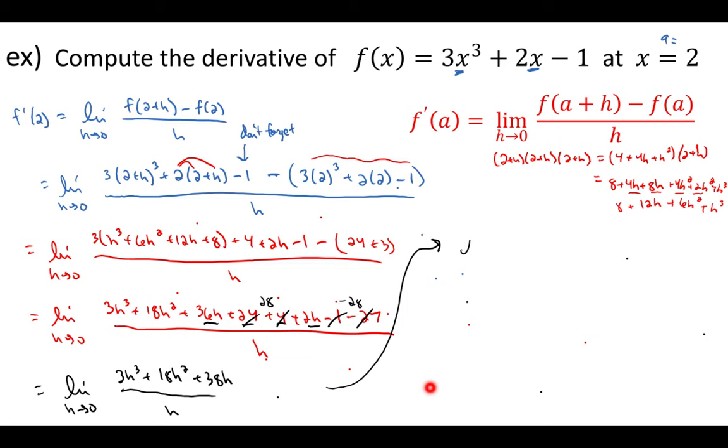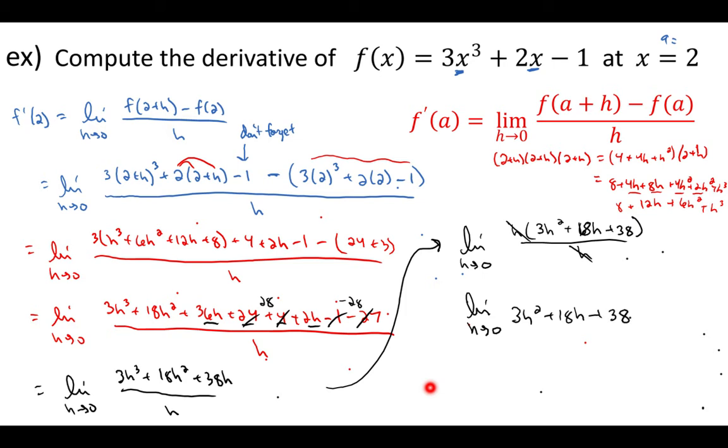Up here. So we've got the limit as h goes to 0 of, we're just going to again pull out an h. 3h squared plus 18h plus 38 all over h. The h's then cancel. Boom, boom. We're left with the limit as h goes to 0 of 3h squared plus 18h plus 38.